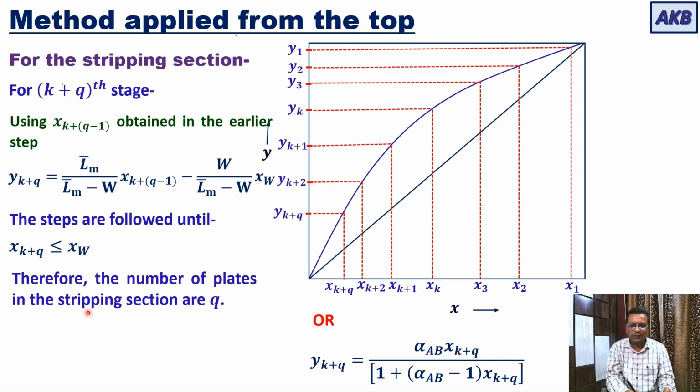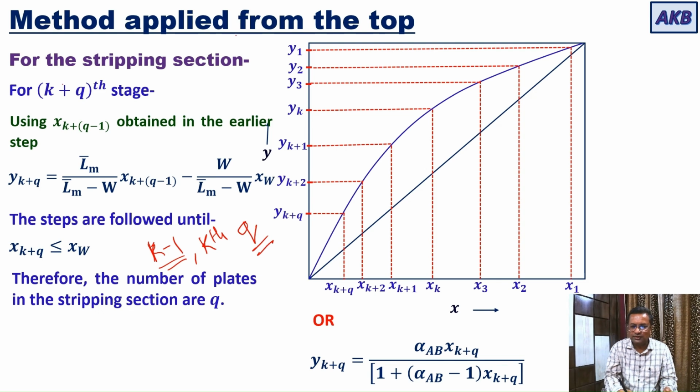Therefore, the number of plates in the stripping section are q, because out of these stages, k minus 1 stages are in the rectifying section, the kth stage is the feed stage, and all remaining stages are in the stripping section.